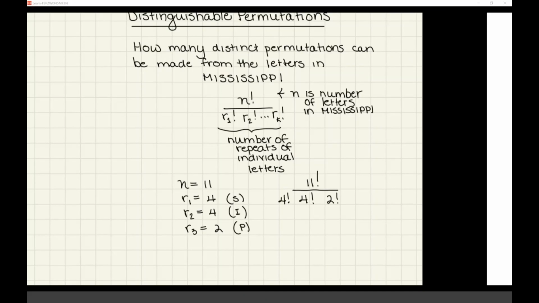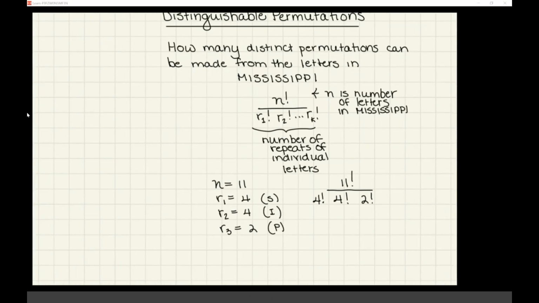Then I just need a calculator to evaluate this. You can use the factorial calculator that's built into the course. For me right now, it's easier to use my TI because I can show that to you quickly. So let me show you that.